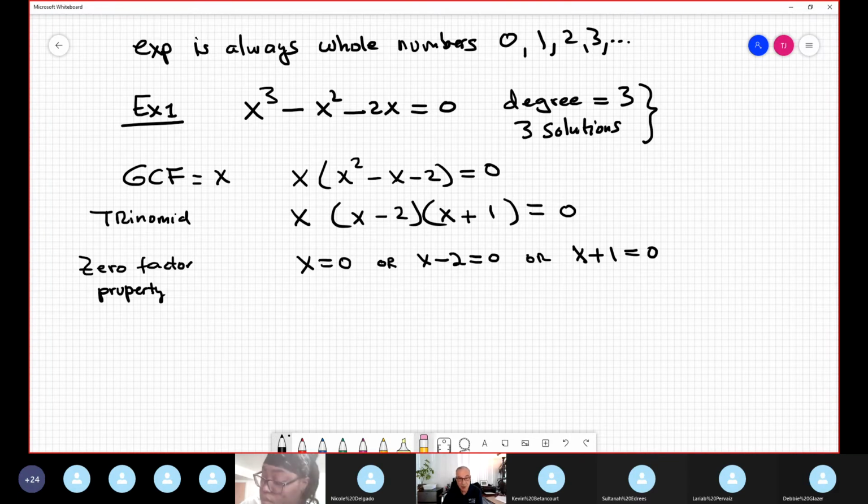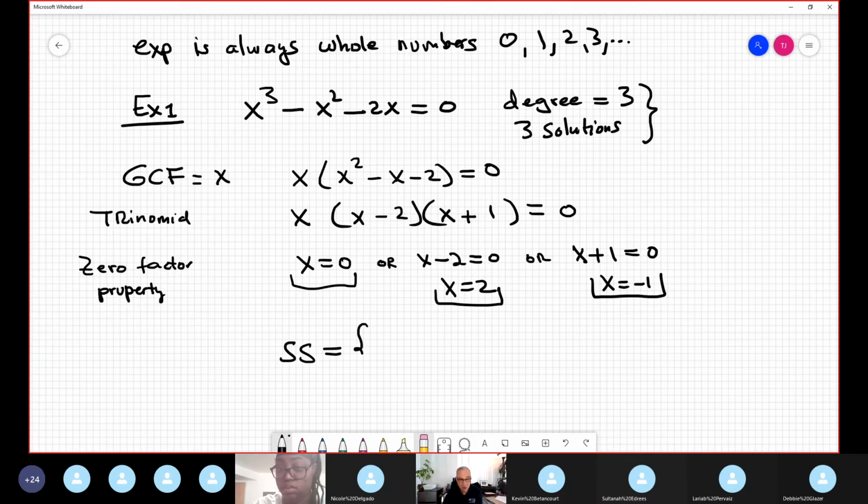So you separate the polynomial equation into 3 linear equations. The first solution is 0, the second is positive 2, and the third is negative 1. Therefore, the solution set for this equation is 0, 2, and negative 1. The order doesn't matter, guys. You can put 0, 2, negative 1, or negative 1, 0, 2, or 2, 0, negative 1. The order is not important because we are talking about a set, and a set has no order. It's the same in a different order.